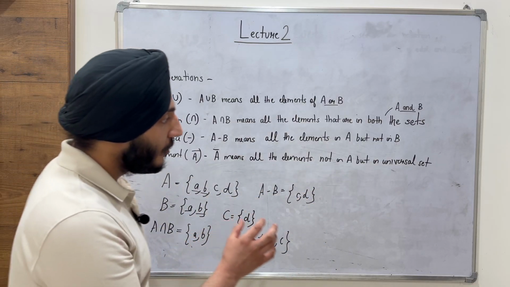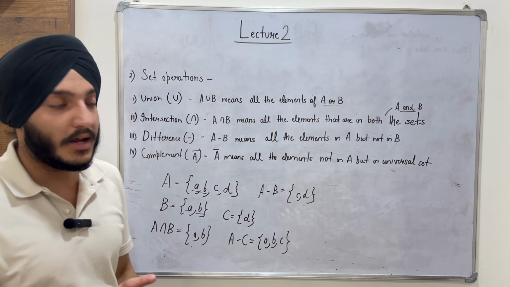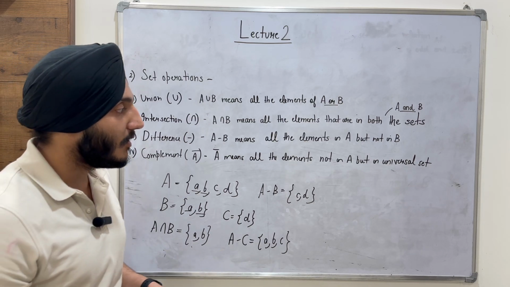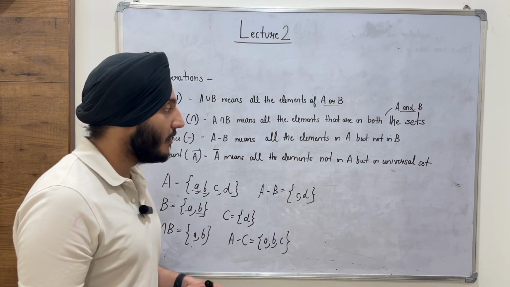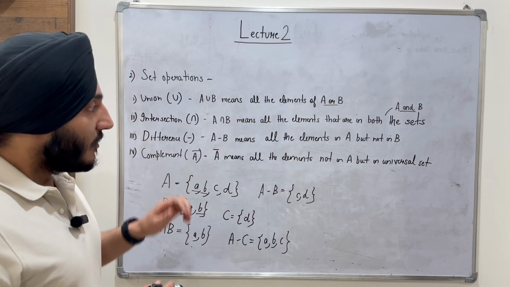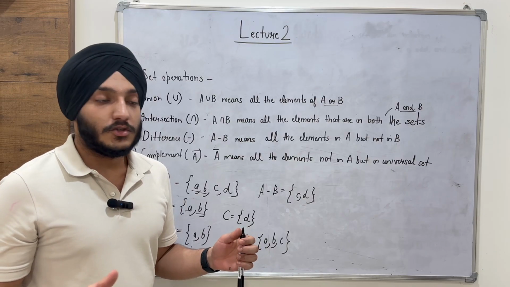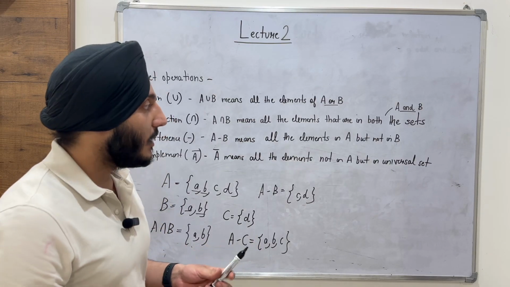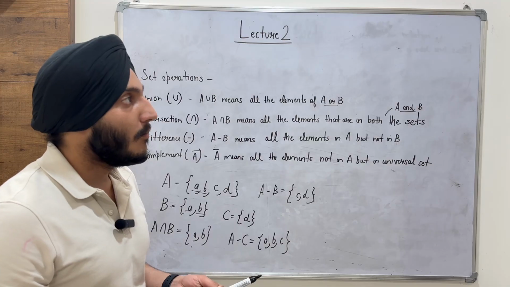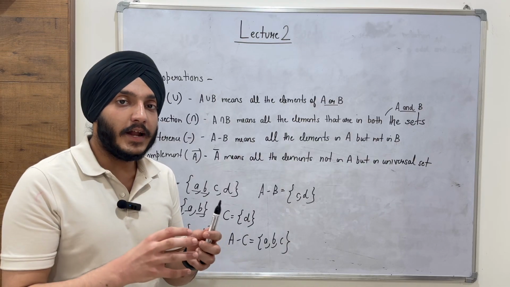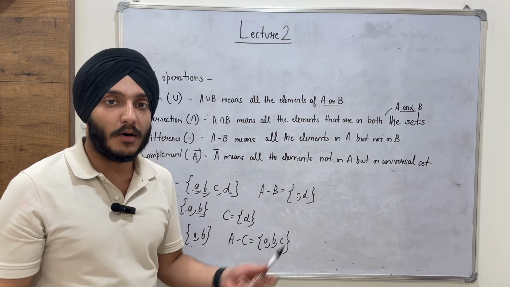Now I haven't introduced the universal set concept in previous lectures, so I'll try to explain it with a simple example. The universal set is basically the set of all the elements in a problem. So for example, in a problem, let's say I'm talking about birds, right? The universal set could be the set of all the birds that we have.